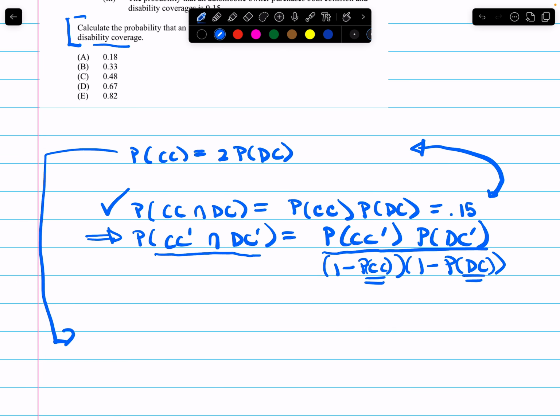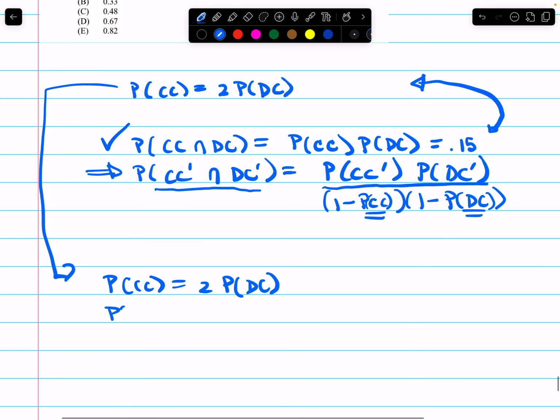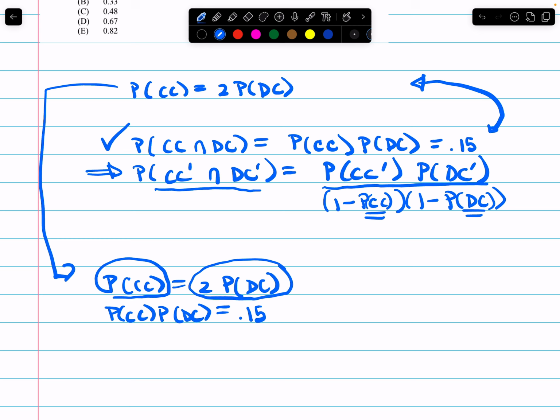So let's come down here and write our two equations down one more time. P of CC is equal to twice P of DC, and P of CC times P of DC is equal to 0.15. So I'm going to replace P of CC in the second equation with this. So I have 2 times P of DC times P of DC is equal to 0.15.